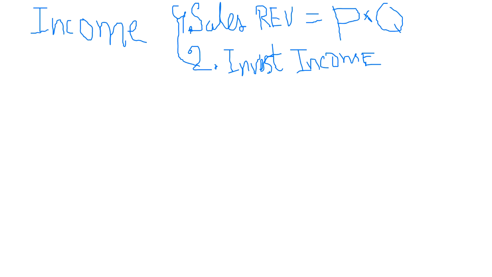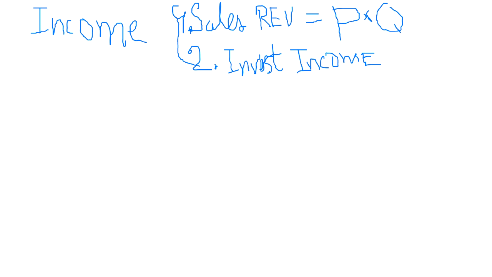That's objectively what it is. Nobody can deny. Revenue is simply price times quantity sold. So keep that in mind. And it will have linear characteristics because it increases linearly with quantity.